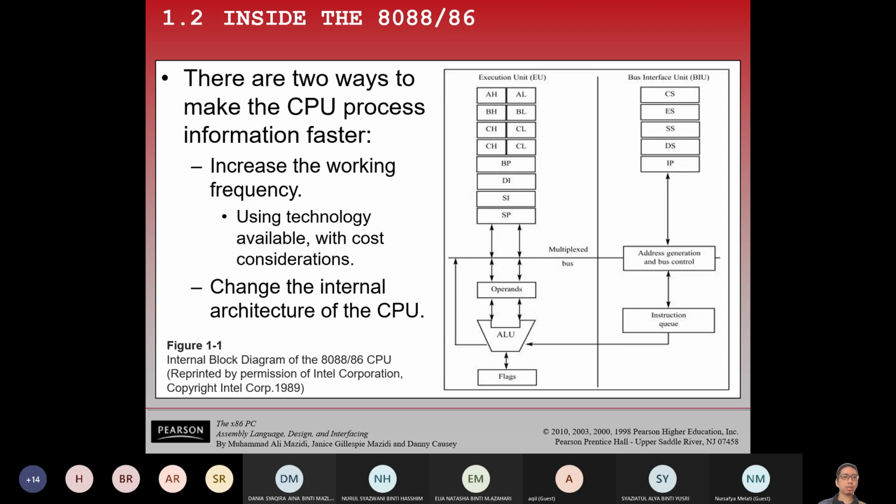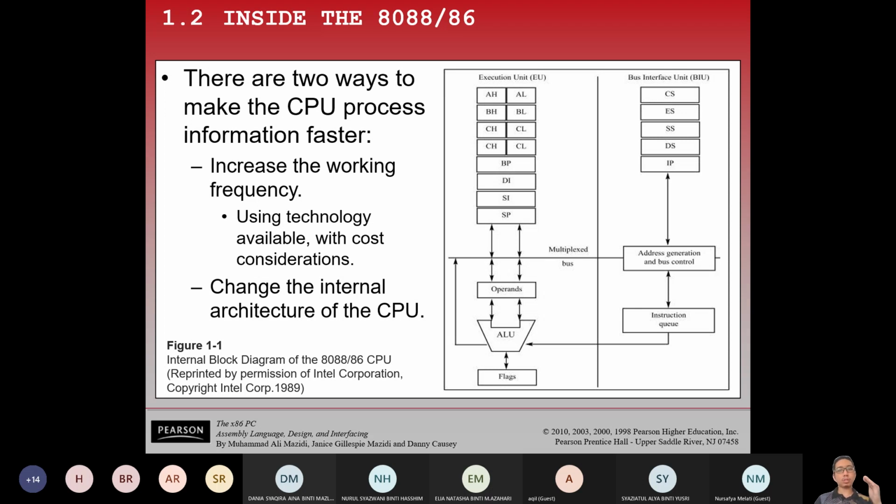There are two ways the CPU or the microprocessor processes information faster. First, by increasing the working frequency. As you can see, nowadays the PC is using, let's say, 3 gigahertz or 4 gigahertz.